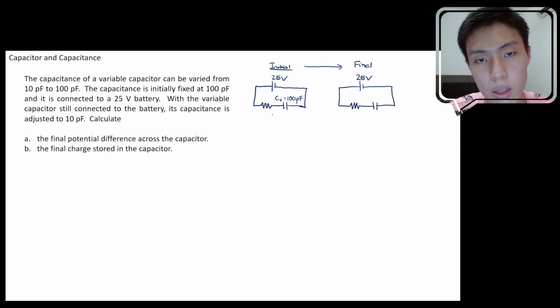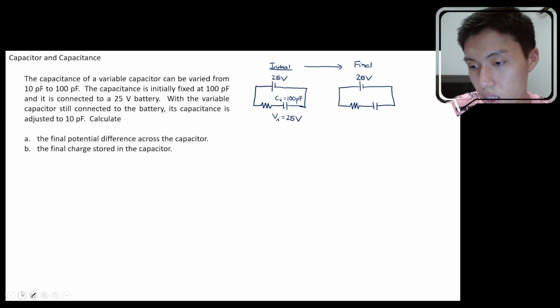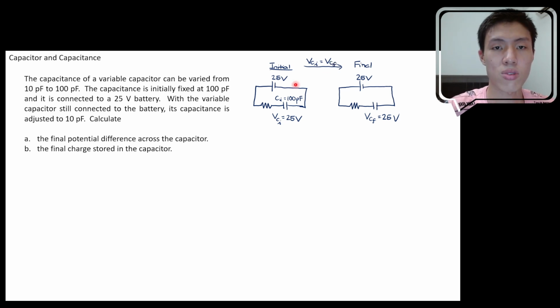The voltage initial is 25 volt because we're connected to this battery. This is the voltage across the capacitor initial, 25. The voltage across the capacitor final will still be 25, because the voltage initial equals the voltage final, as we are connected to the same battery from initial to final.